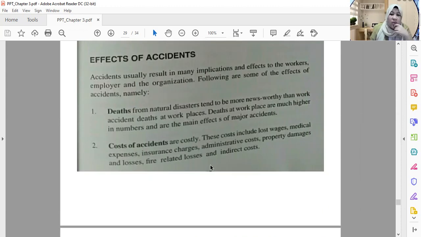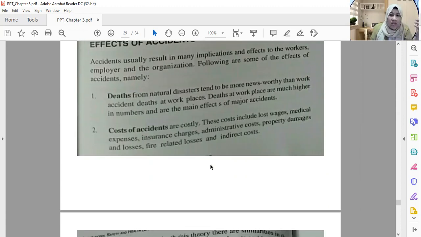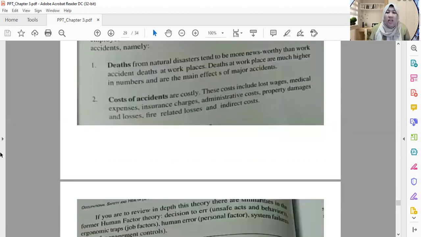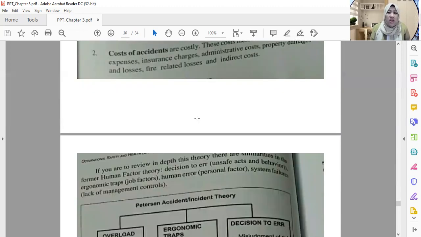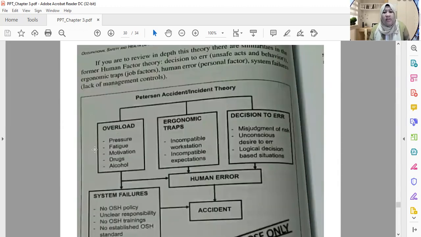And the costs of accidents are very high. Once you trigger an accident or maybe a fatality, it involves a very high cost: wages, medical expenses, insurance charges, administrative costs, property damage and losses, fire-related losses, and indirect costs. So this is the biggest incident theory.